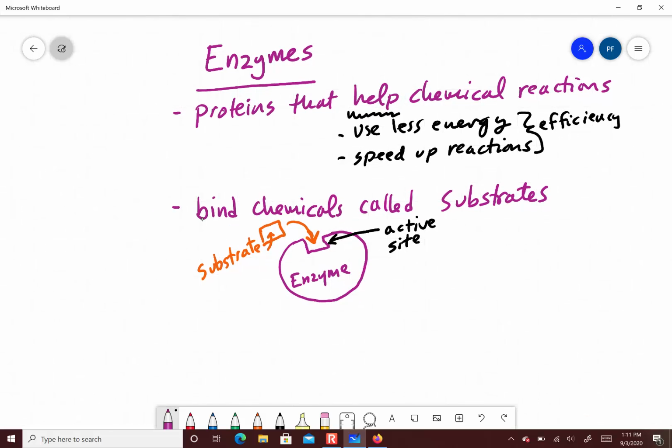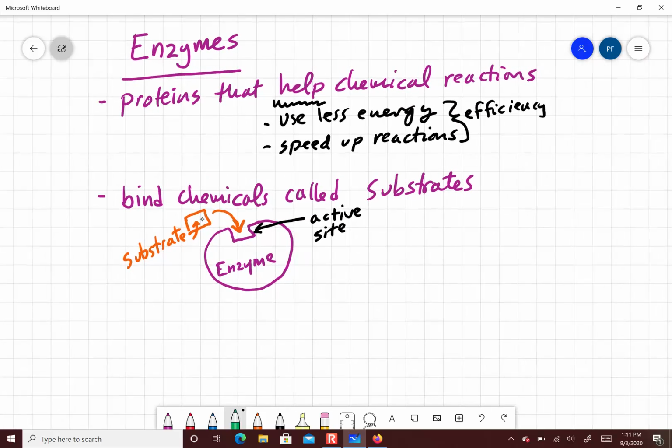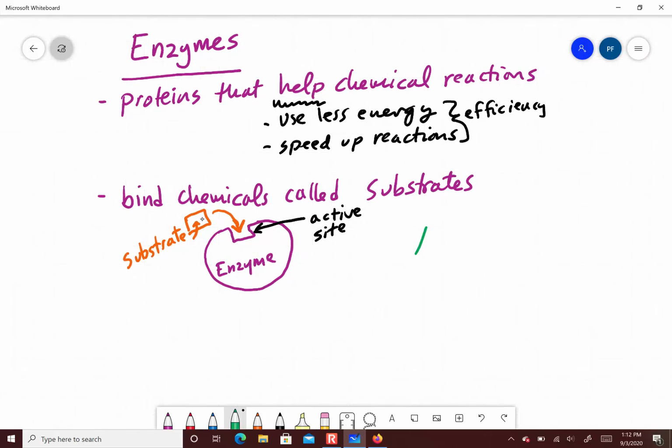And I know this is kind of silly to show you, but think about the shape of the orange substrate we drew. It matches the active site. Now, if I got rid of everything so we can't see it anymore, and I drew a different substrate that looked like this, we can just call it substrate number 2, do you think that would fit into the active site?